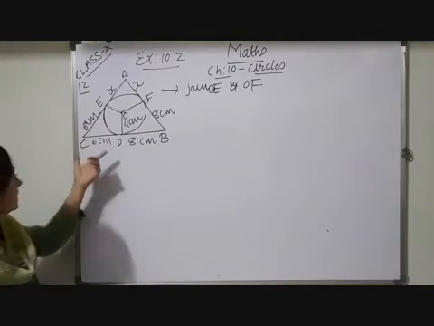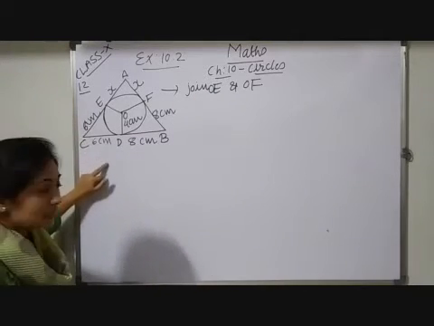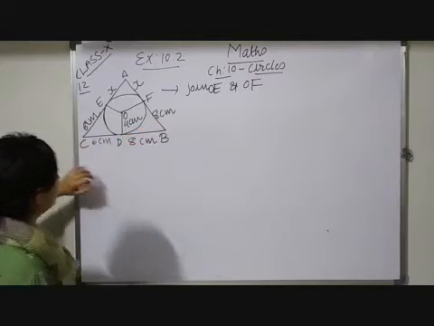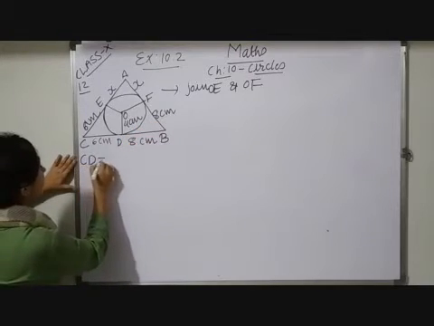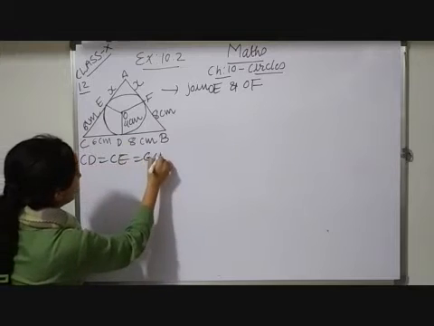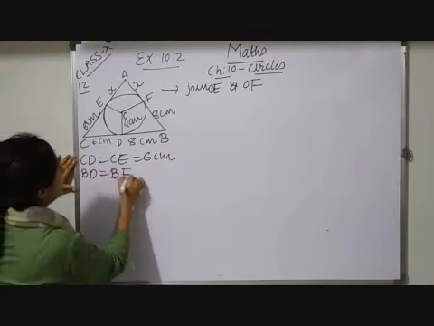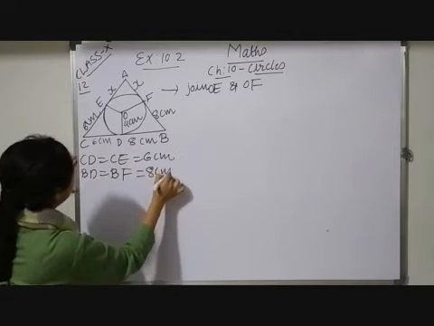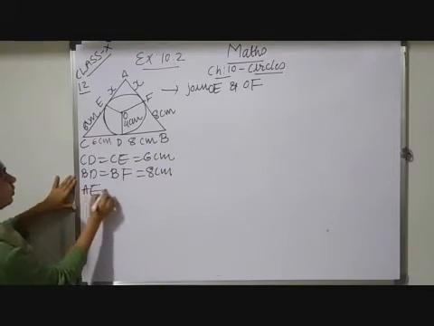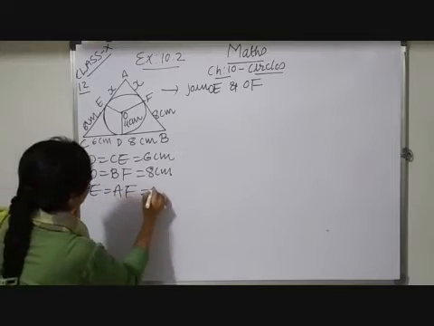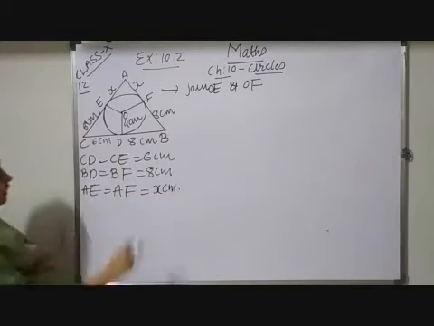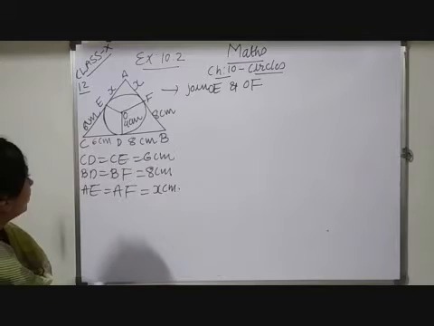So here you can write CD is equal to CE, that is of 6 cm. BD is equal to BF, that is of 8 cm. And AE is equal to AF. Here I have assumed X. Now, how to get it?